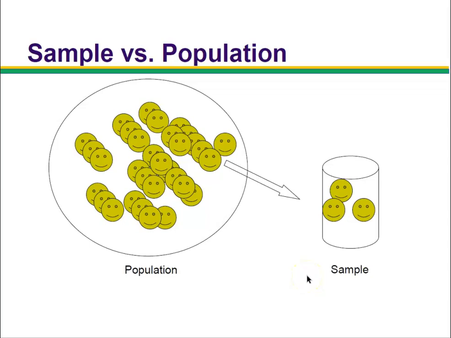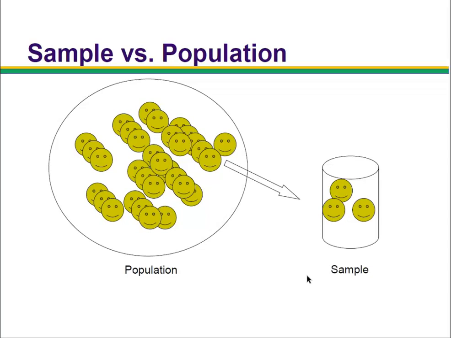Let's first differentiate between a sample and the population. We need to establish this very important distinction between the two. A population is the entire group we're interested in studying. If you're a researcher studying college students' mental health, for example, your population might be all college students in the United States. That's millions of people.